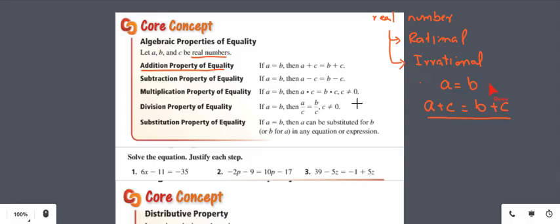For example, if a and b are 7 and c is 6, then 13 is equal to 13.